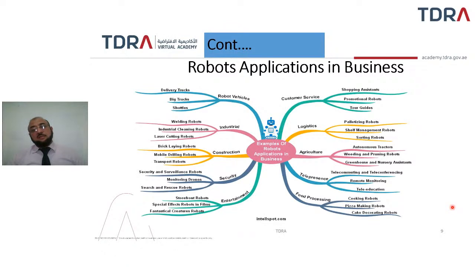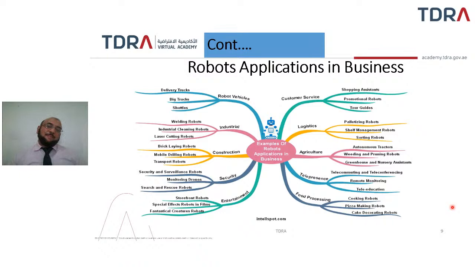Robots are also used in customer services, like shopping assistants, promotional robots, tour guides. In logistics, robots are used for shelf management, and storing robots are there. In agriculture, autonomous tractors are there, and weeding and pruning robots are there. In telepresence, we have remote monitoring and tele-education robots. In food processing, we have cooking robots, pizza making robots, and cake decorating robots.